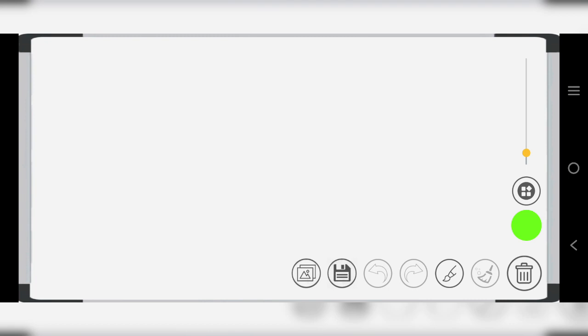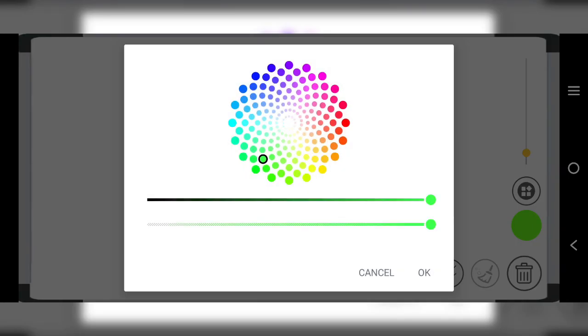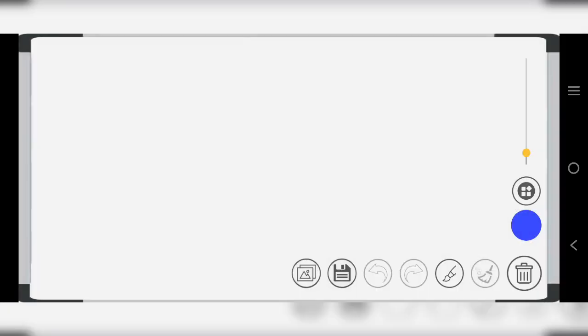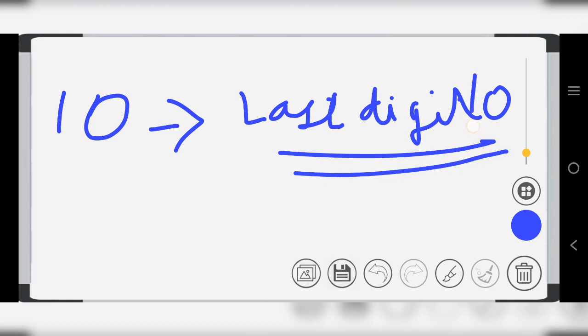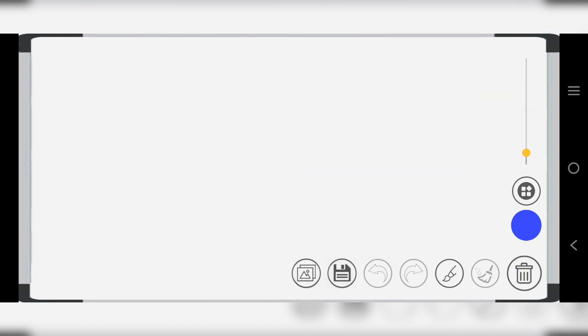Next, the last and final number, that is 10. If the last digit is 0, then the whole number is divisible by 10.